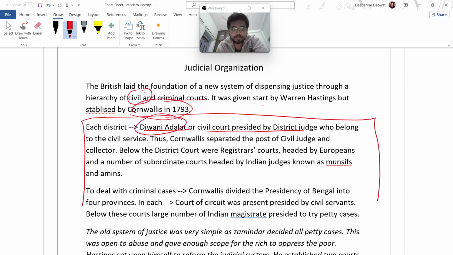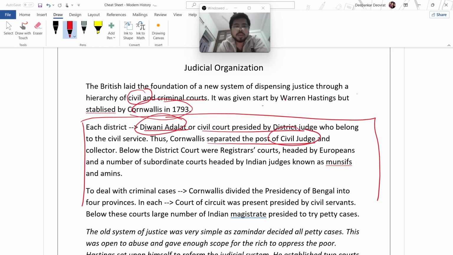Thus, Cornwallis separated the post of civil judge and the collectorate, because corruption was there and civil services was connected with that. To make the post independent, Cornwallis separated the post of civil judge and the district collector.